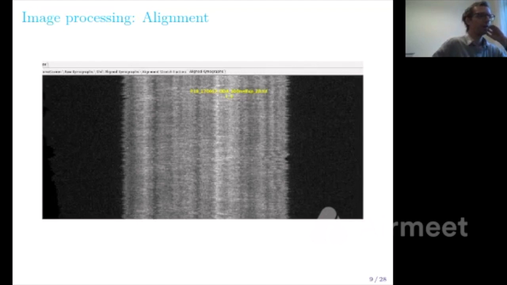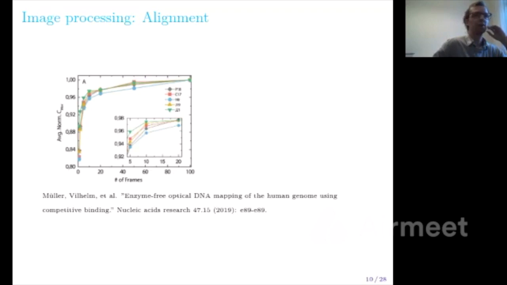Right, so as I said, we usually use a number of time frames, but then a question is how many time frames we should use. Should we use 1, 2, 100, or 1,000? In practice, taking more time frames takes more time, of course. So in this paper that we wrote in 2019, we did an experiment on a couple of bacteria from the human genome.